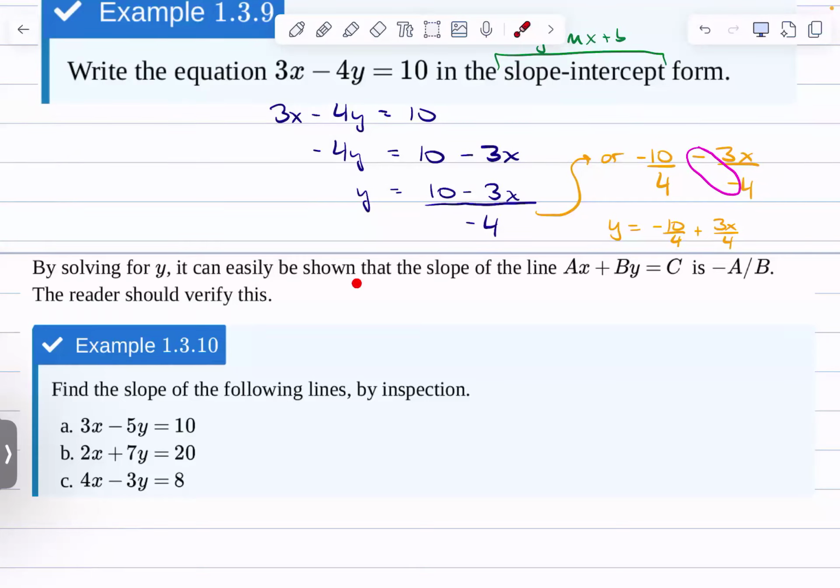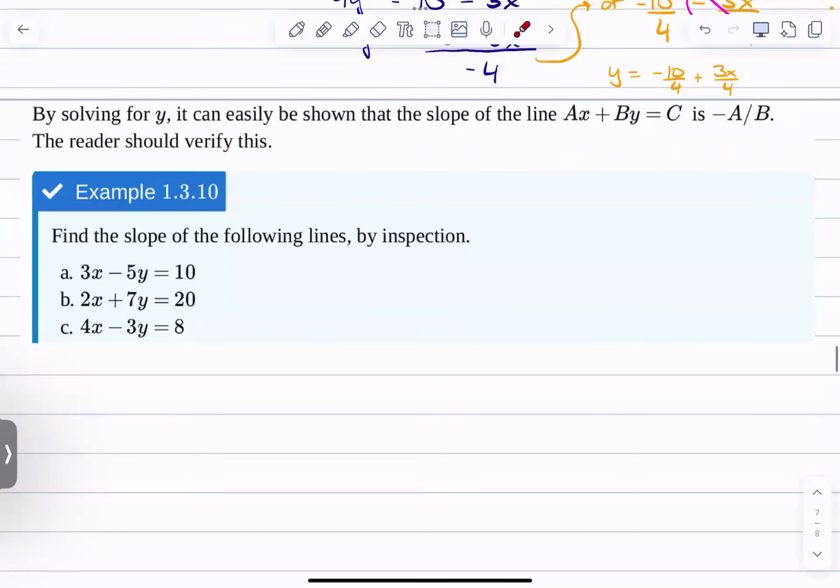But it can easily be shown that the slope of the line ax plus by equals c, which is where we started here, 3x minus 4y is equal to 10, if we rearranged everything, we solved for y, we found that the slope is positive 3 over 4, which generically is going to be negative a over b. The reader should verify this. Well, let's do it. In fact, let me make some room here.